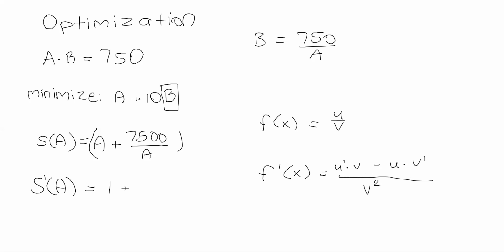So in this case, u would be 7,500, v would be a. So we want to do the derivative of the top, which is 0, makes the whole thing 0, times the bottom, minus the top times the derivative of the bottom. The derivative of a is 1, all over the bottom squared.